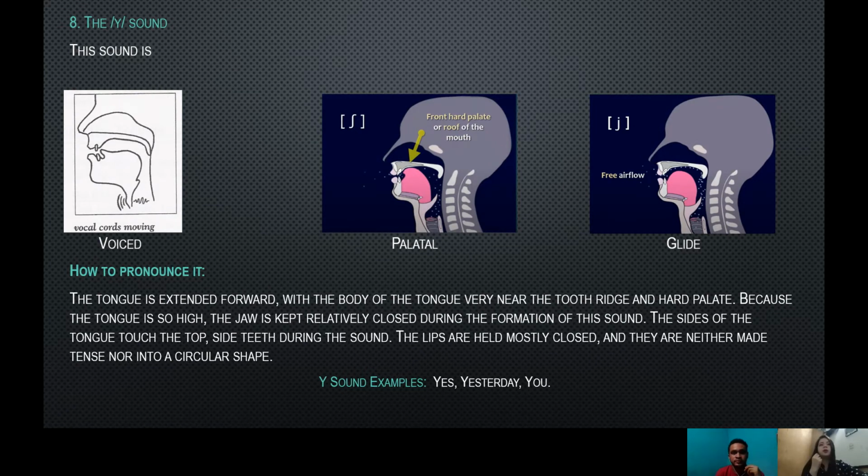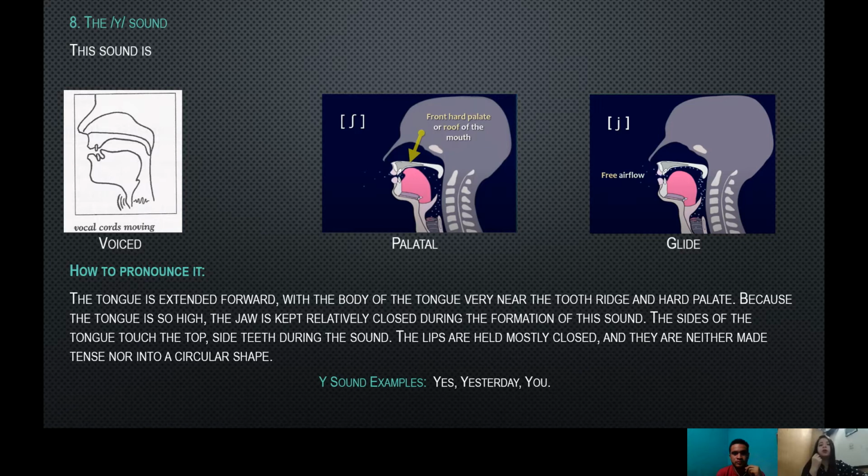The Y sound. This sound is voiced, palatal, glide. How to pronounce it? The tongue is extending forward with the body of the tongue very near to the hard palate. The tongue is so high that the jaw is kept relatively close during the formation of the sound.